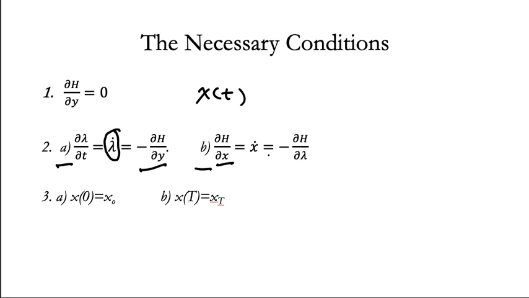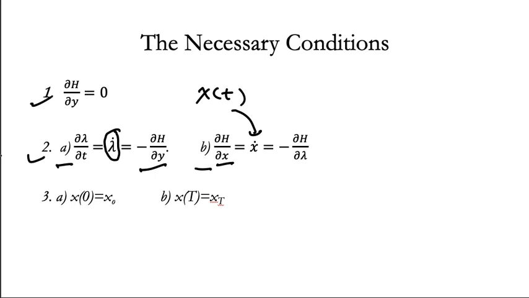So another way to do it is minus delta H over delta lambda. So you have the growth rate in x. Now the first two conditions, condition number 1 and condition number 2, are known as the maximum principle.